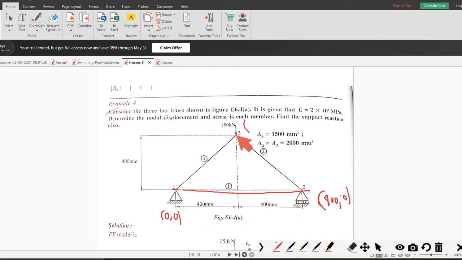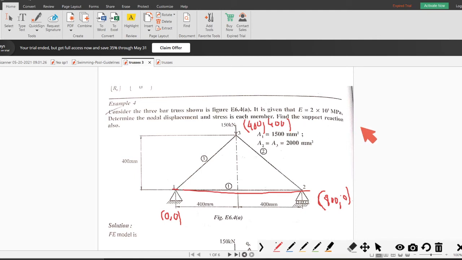See the point properly. It is at here. 400, 400. What is the horizontal distance? 400. What is the height from the origin? 400. Coordinates are 0, 0, 800, 0, 400, 400. Correct now? Yes, sir.